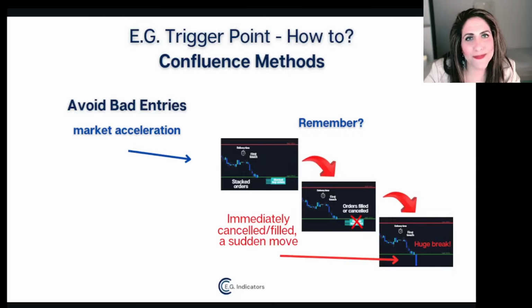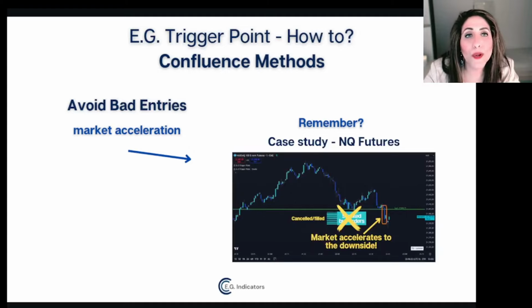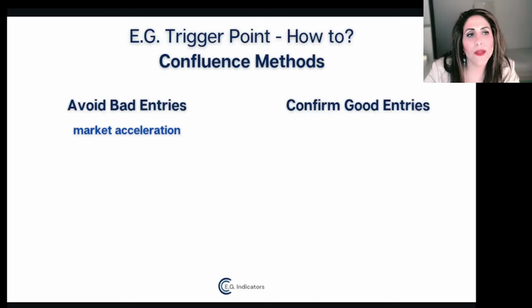Remember, guys? Identify that even though the market struggles to break, it tries to, leading to a sudden move. Support level was validated, respected several times, the more the market visits a level, the weaker it becomes. So, reading the market acceleration is one way to avoid bad entries.